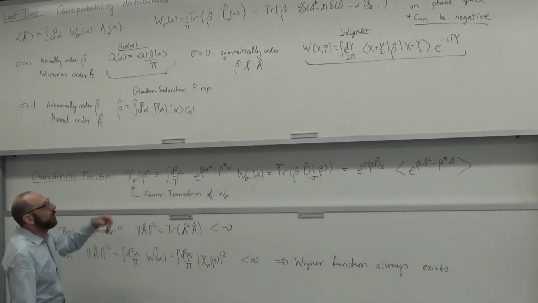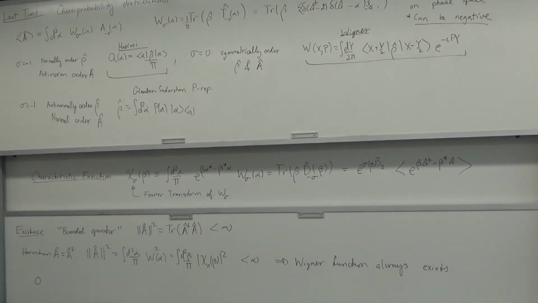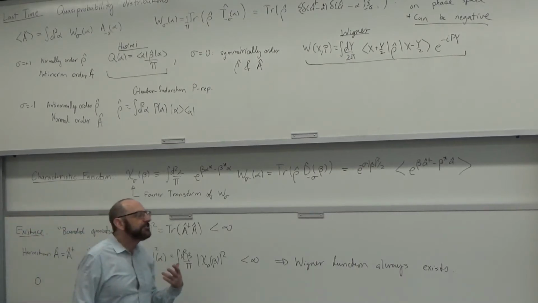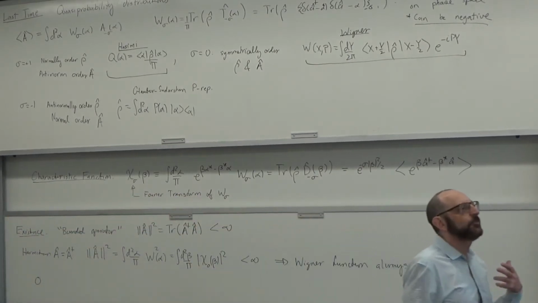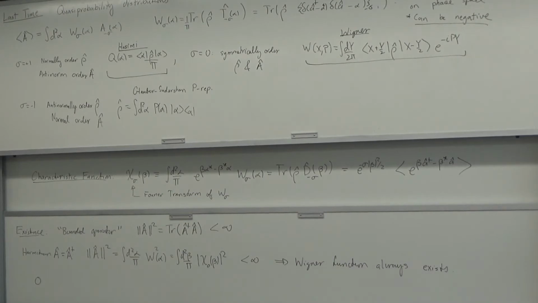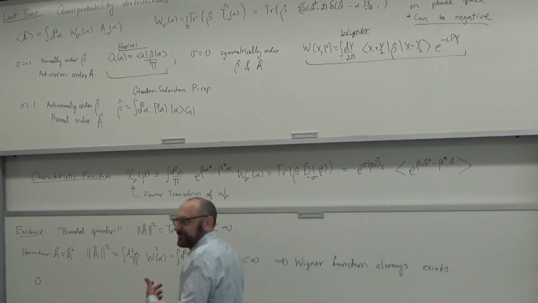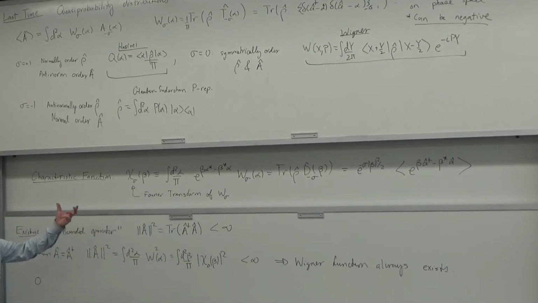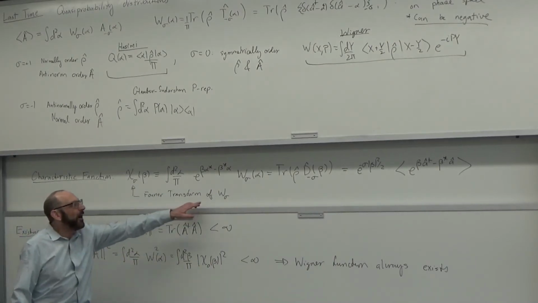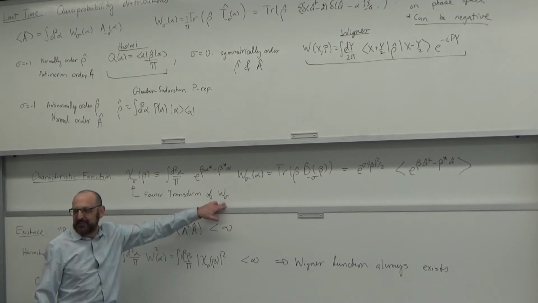And one of the ways we saw that is looking at this formal object, which is an object that appears in statistics. In statistics, we call the characteristic function the Fourier transform of the probability distribution. In quantum statistics, we call the characteristic function the Fourier transform of the quasi-probability distribution.